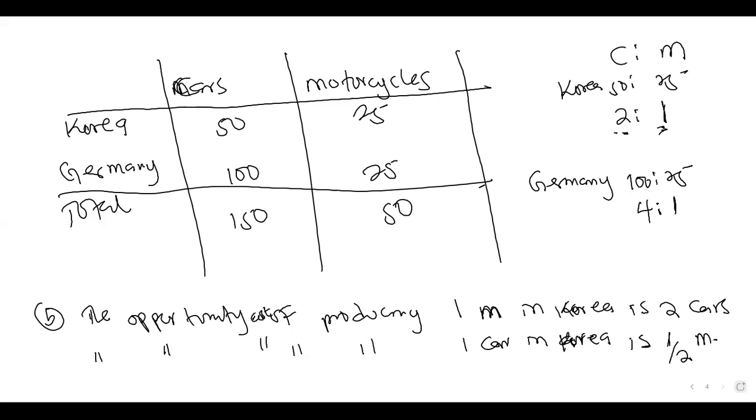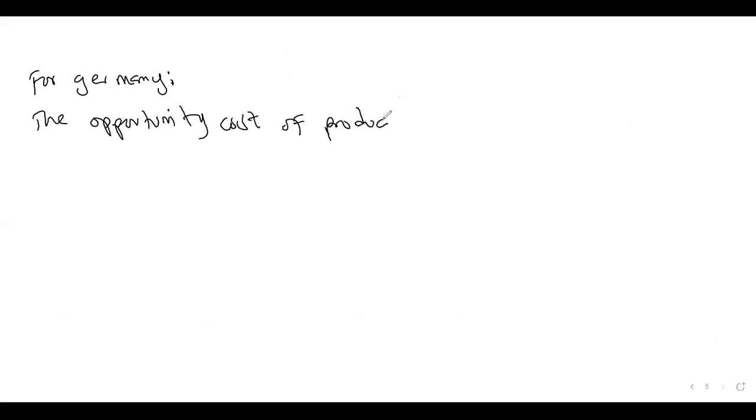Now let's look at that for Germany. So for Germany, the opportunity cost of producing one motorcycle is 4 cars.